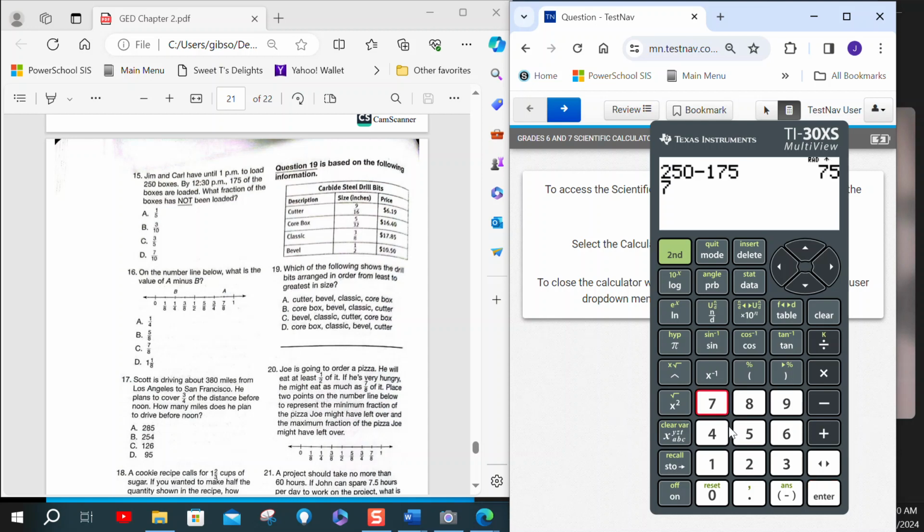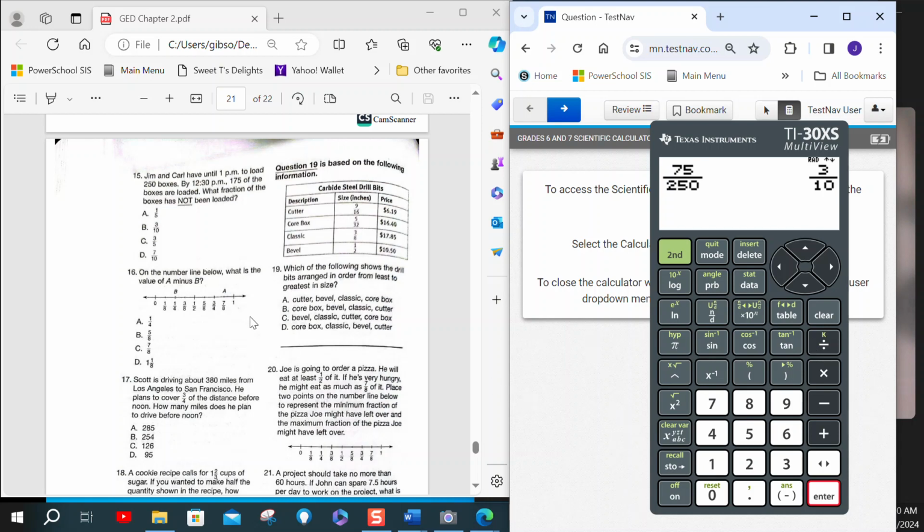So we would take the fraction 75, down arrow, over 250. We use the subtraction to get the 75. We'll press enter. That gave us 3/10. So that'll be B. So 3/10 haven't been loaded.